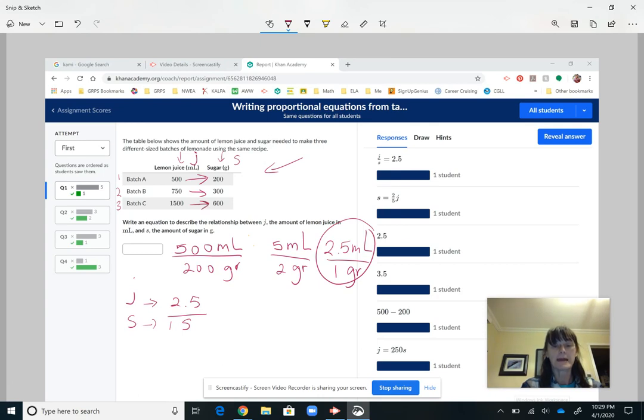If we get, for all these 3 situations, the same relationship, 2.5 milliliters over 1 gram, that means that whole chart is proportional, and we can assume that batch D, we can build it up from there. We can keep growing the proportion.